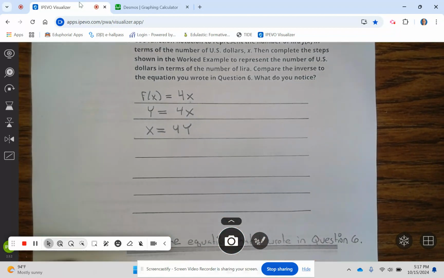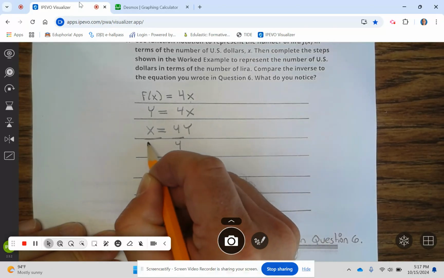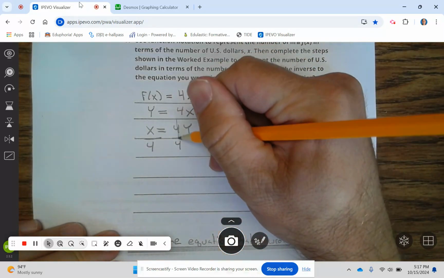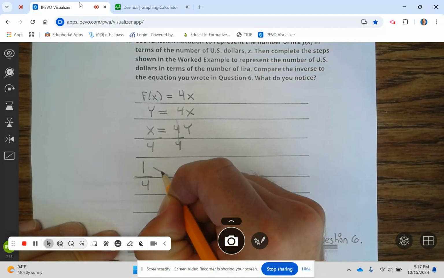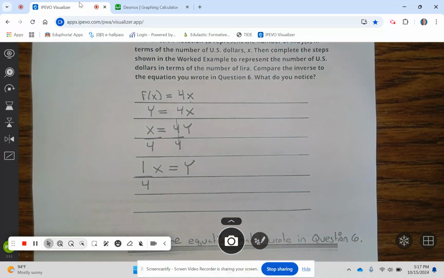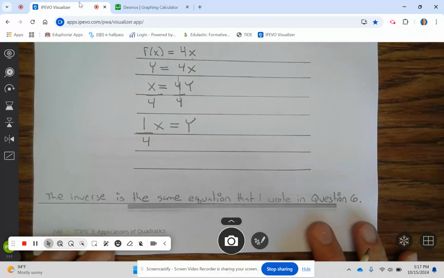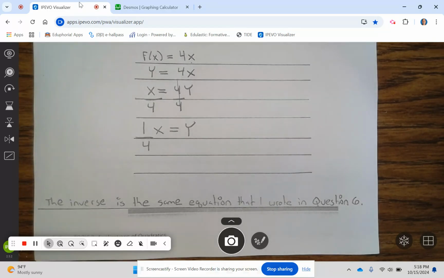And then last step, we solve for y. So we divide both sides by 4. This becomes 1, so you get 1 divided by 4 x equals y. The inverse is the same equation that I wrote in question 6. All right, let's take a look at the next page.